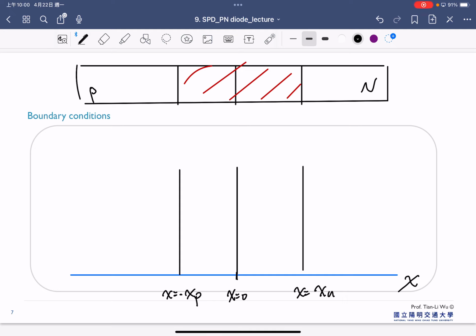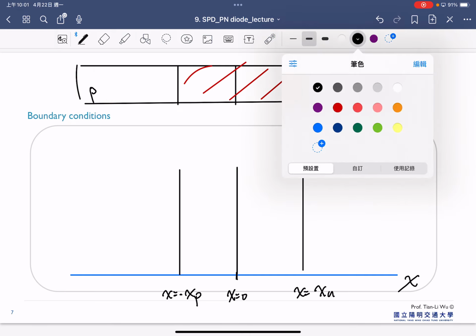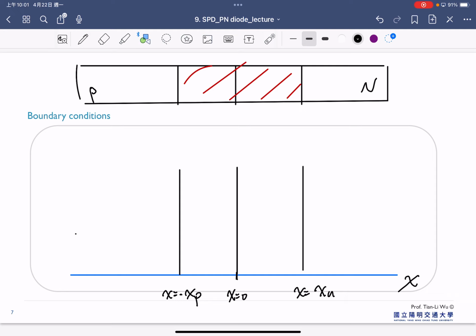If we consider the p-type concentration, the majority carrier of the p-type under thermal equilibrium can be plotted in this way. So this is our NP0. That's our majority carrier in the P region.